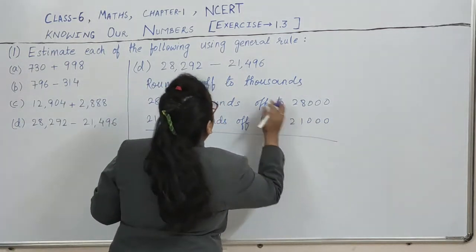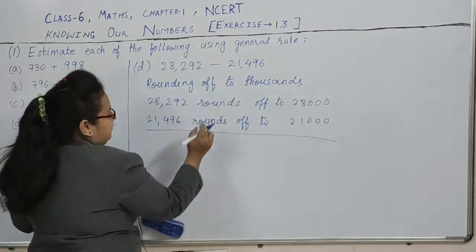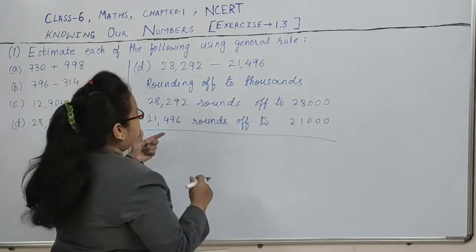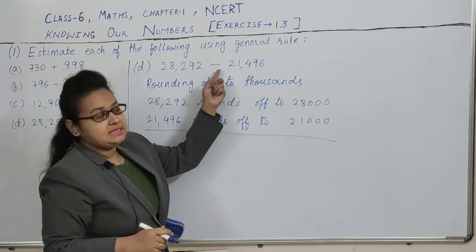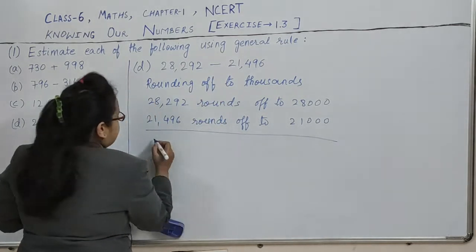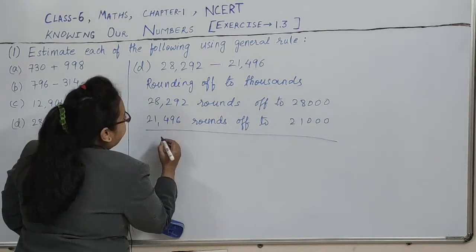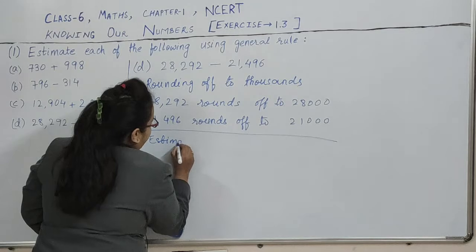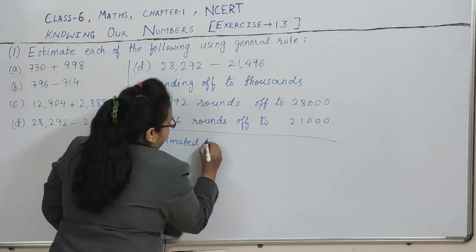So now there is a minus sign in between, so we have to find the estimated difference. When there is the subtraction sign, we find the estimated difference. Difference means to subtract.